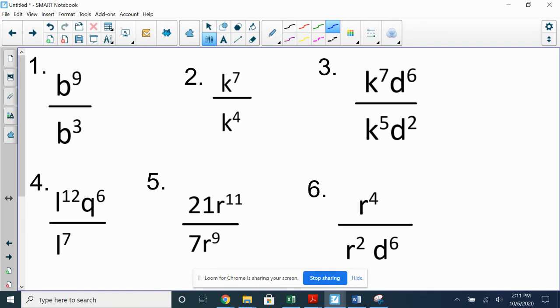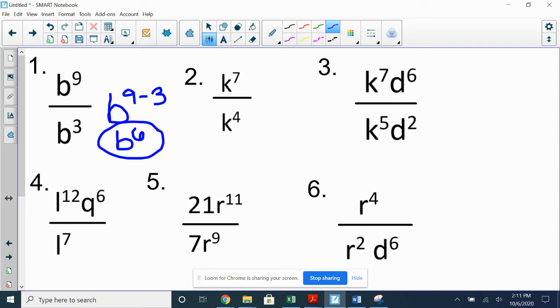We have a matching base of b, so we can keep our matching base. We can say top exponent minus bottom exponent. So b to the 9 minus 3. Well, I know that 9 minus 3 is 6. So b to the 9 divided by b to the 3 is simply b to the 6.